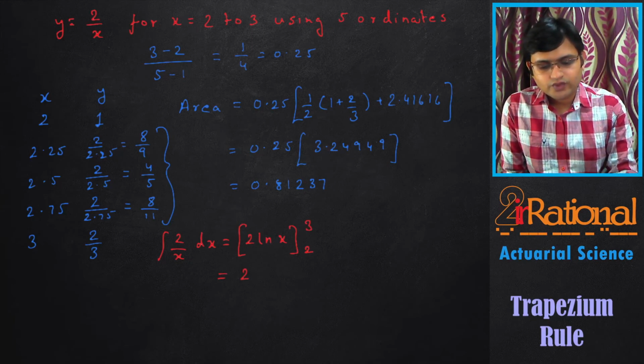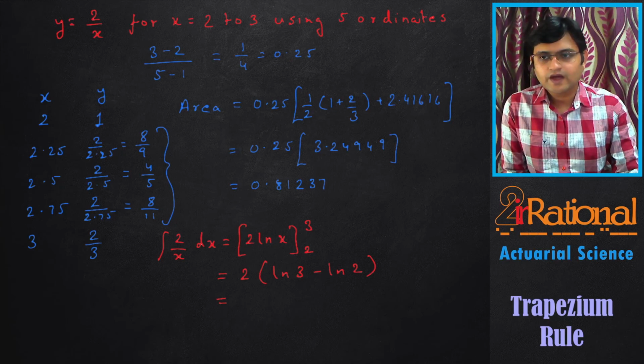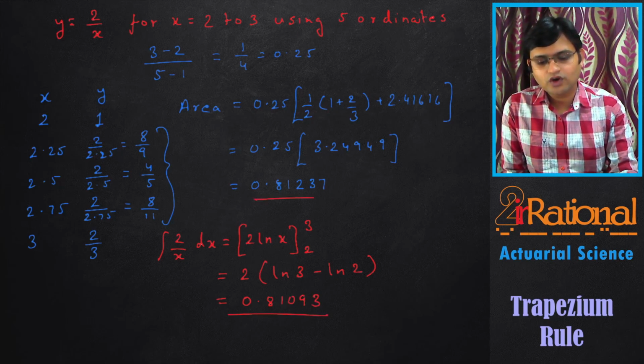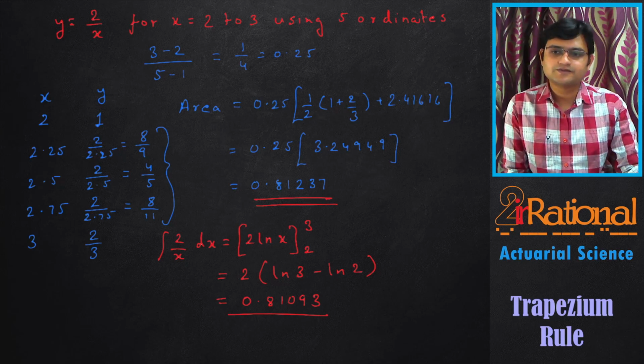So that would be 2 into (log 3 minus log 2), that is 0.81093. So again, approximately we got a very similar answer.